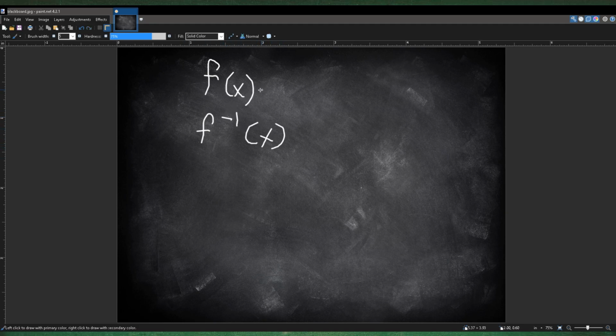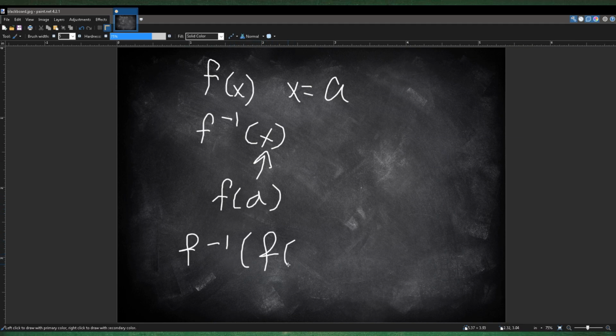So the idea is that, let's say you plug a into x, right? So we say x is equal to a and plug that in. So we have f of a as our output, right? Because that's what it's going to equal. So if you put a into this x, then the inverse of f of this number is equal to a, because the inverse function switches the x values and the y values.